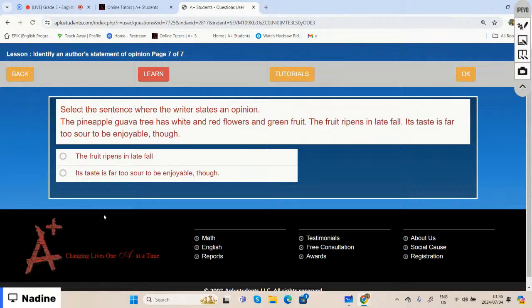So we go with option two, that says its taste is far too sour to be enjoyable.